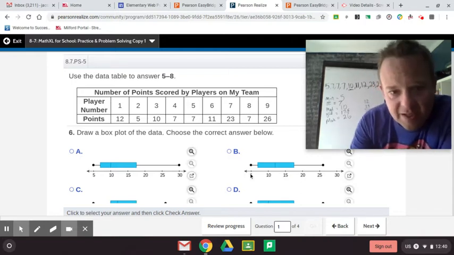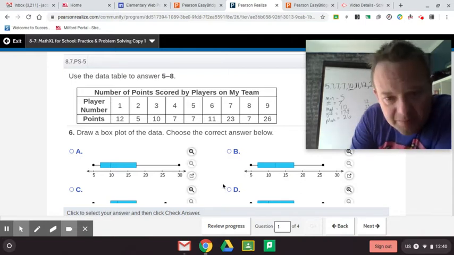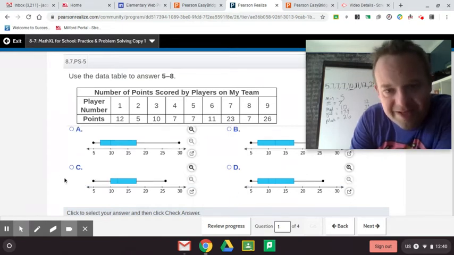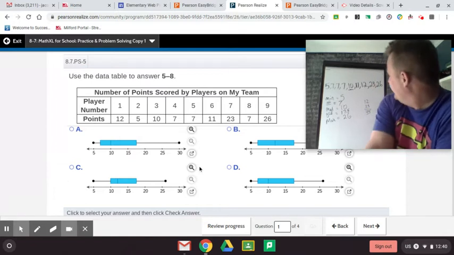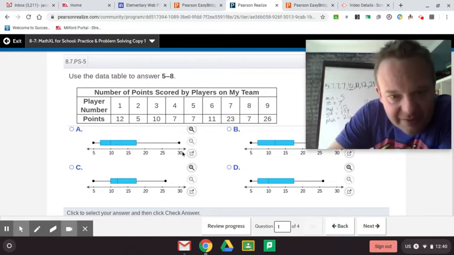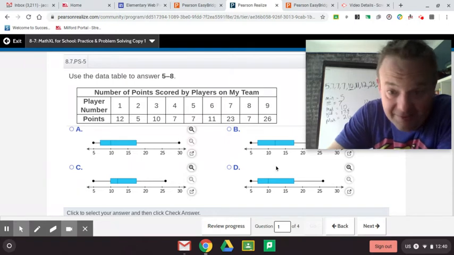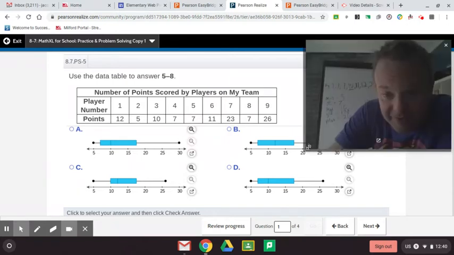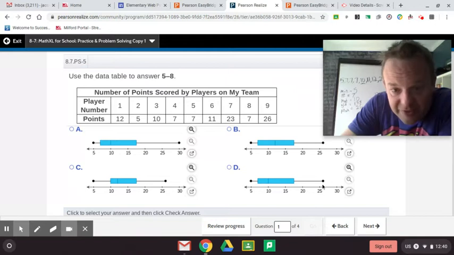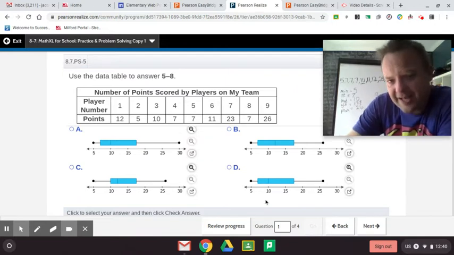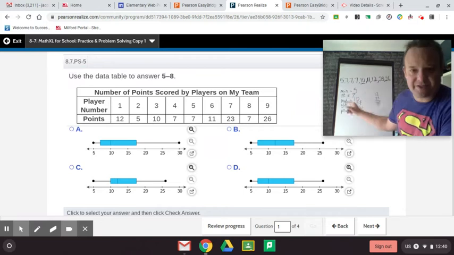So let's see. 5 is the minimum. So it could be that one. It could be that one. Oh, darn. We didn't check any of them off. The maximum is 26. So it's not A in my case. There's 26, 26, 26. So we narrowed it down to 3 now. I like checking out the median next, which is 10 for me.